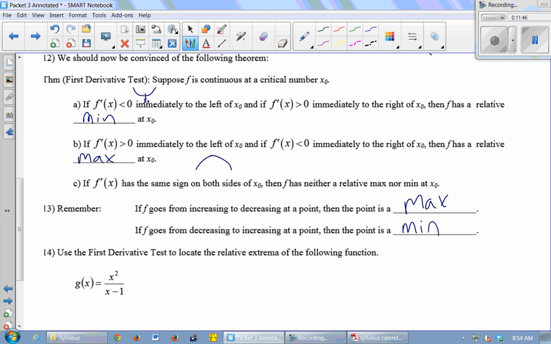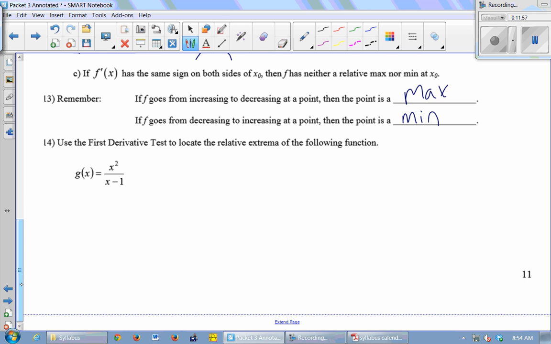All right, so we want to use the first derivative test to locate any relative extrema for this function, x squared over x minus 1. So we want to find any maxes and mins. So the only place where we might find a max or a min is where the derivative is what? 0 or undefined.